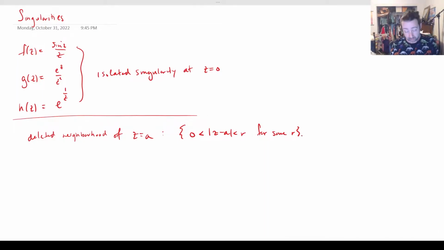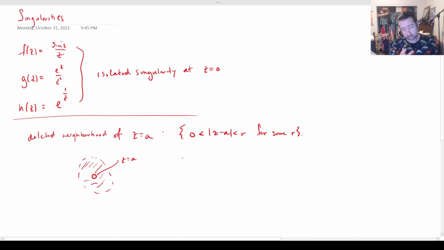And so you should think here you've got this open disk, and then you punch a hole out of the center. And so everything around here, the center of this thing has been punched out, z is equal to a. The disk without that center is called a deleted neighborhood of a.